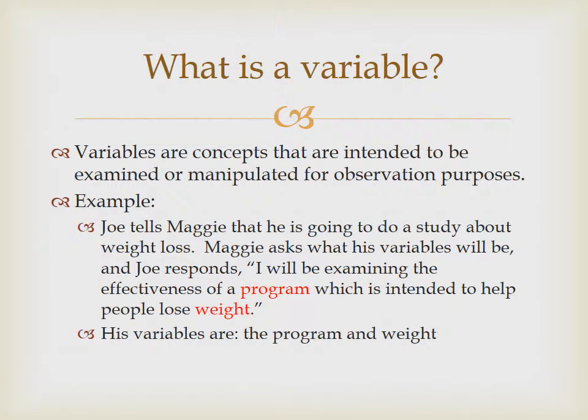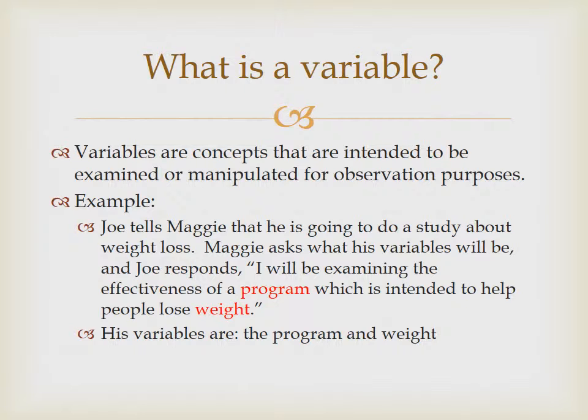So what is a variable? Variables are concepts that you intend to examine or manipulate for observation purposes. This is essentially, what are you studying? So for example, Joe tells Maggie he's going to do a study about weight loss. Maggie asks, well, what are your variables going to be?